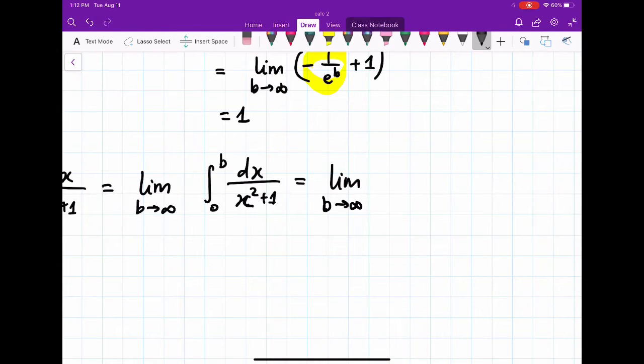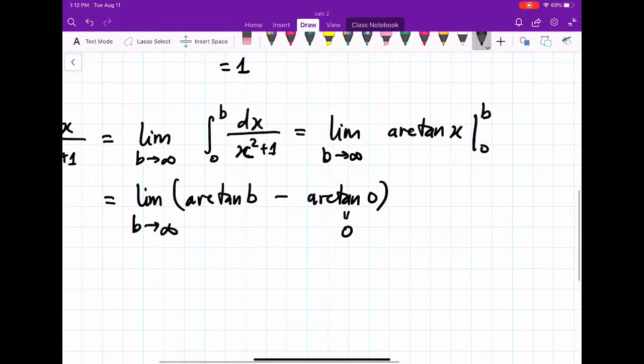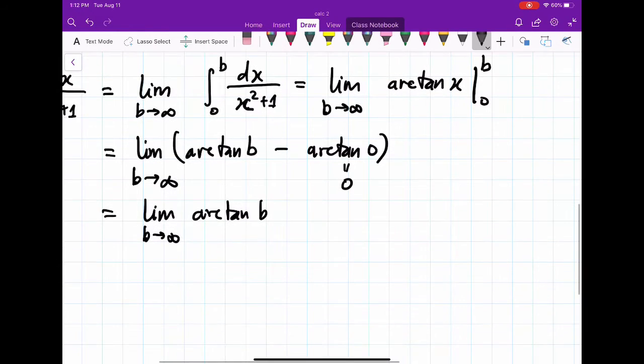This is arctangent of x evaluated from 0 to b. So I write here the limit of arctangent of b minus arctangent of 0 when b approaches infinity. Arctangent of 0 is 0 already, so that is just arctangent of b when b approaches infinity.